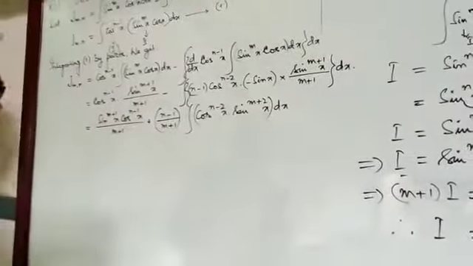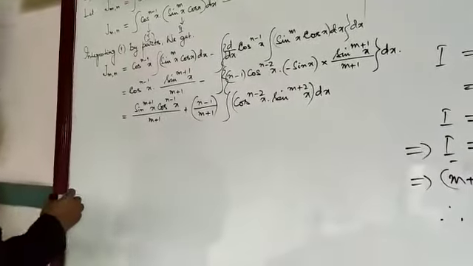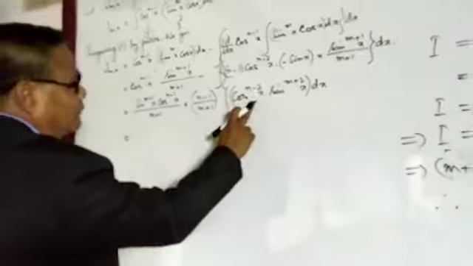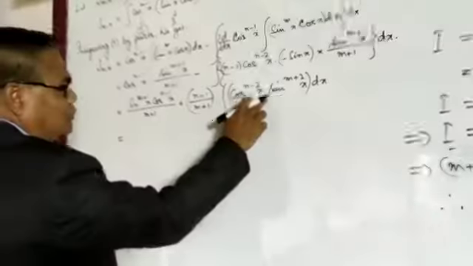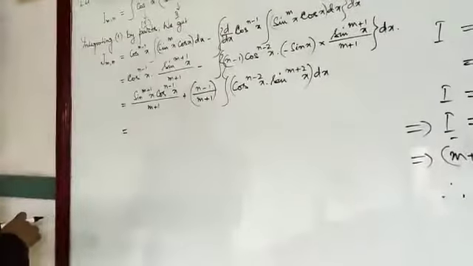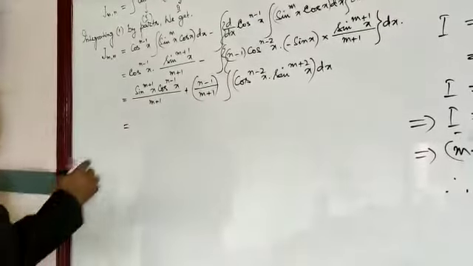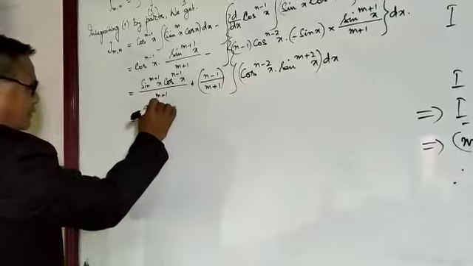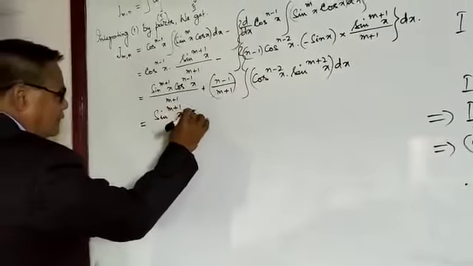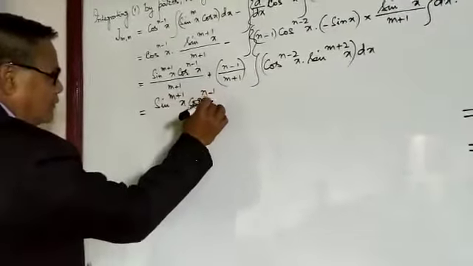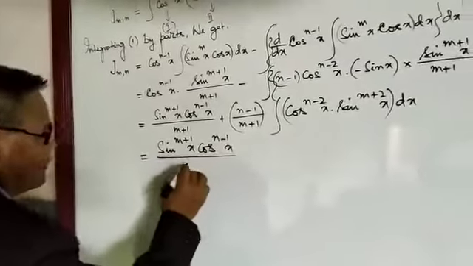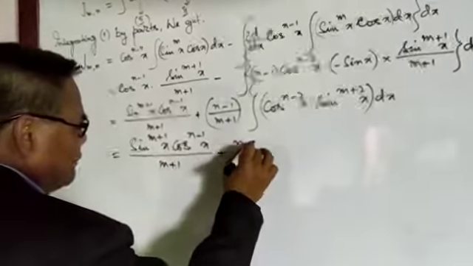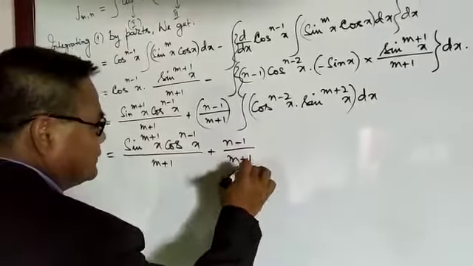Here also. So from here, this becomes cos of nx n minus 2, and this is sine of m plus 2. Sine of m plus 2 means it may be m plus 1 plus n minus 1 divided by m plus 1.